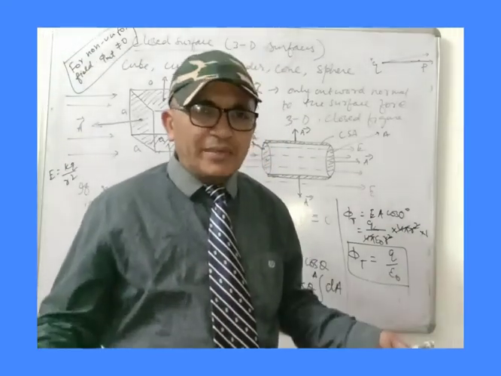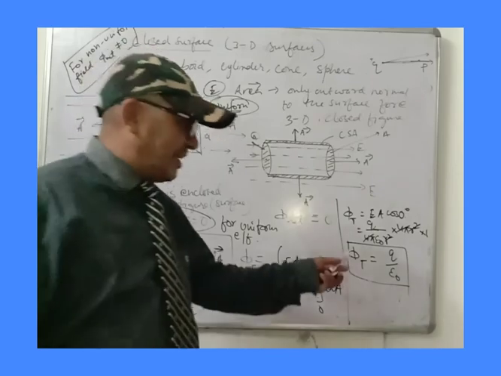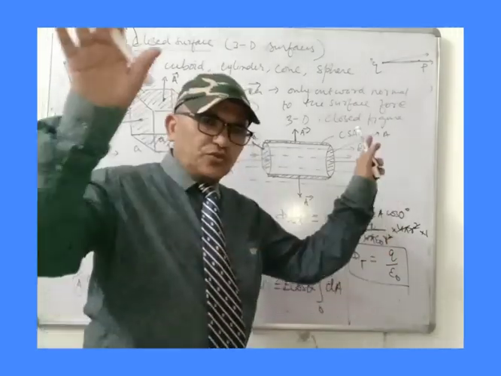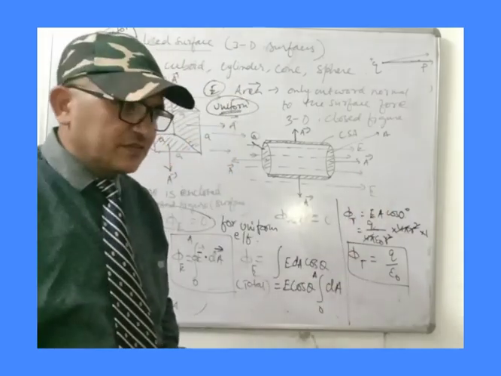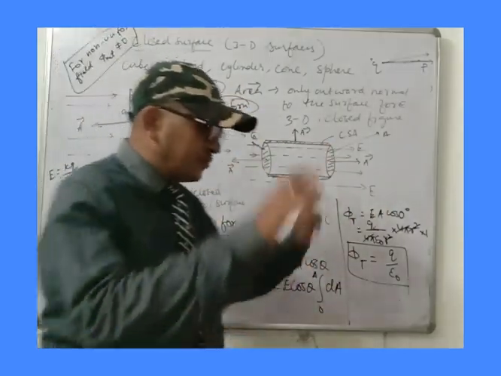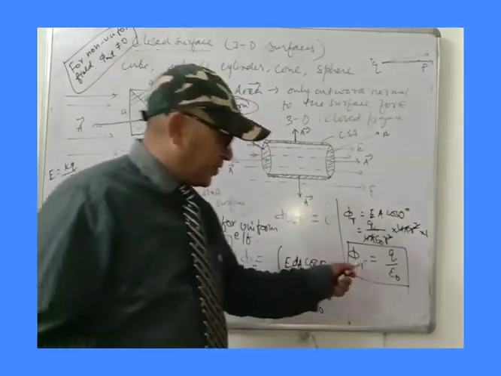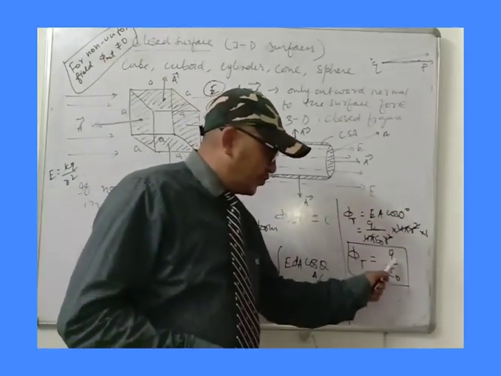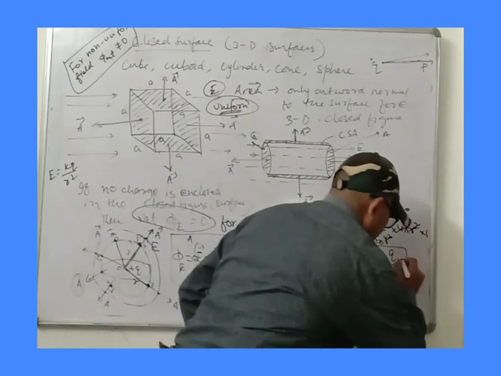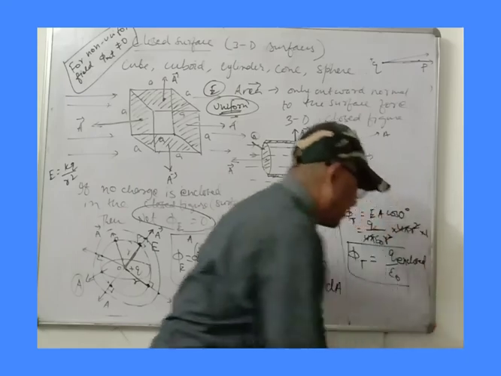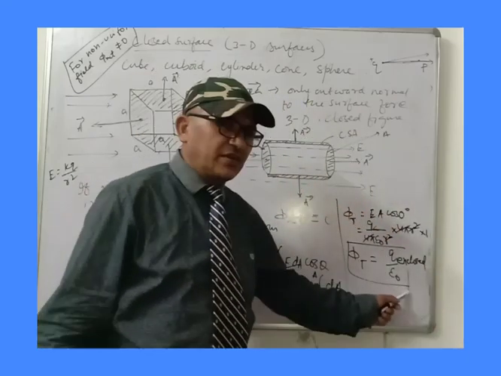So what is Gauss law all about? Gauss law tells us that the total flux through a closed surface, or crossing a closed surface, is total charge enclosed divided by epsilon naught.